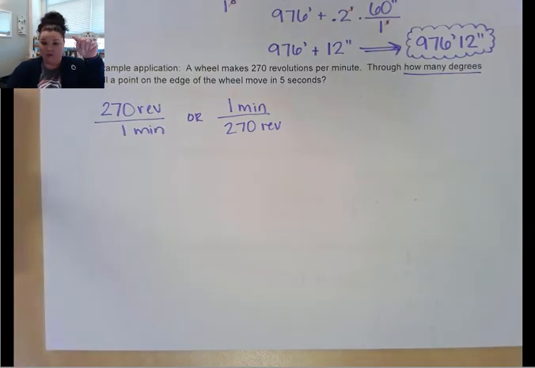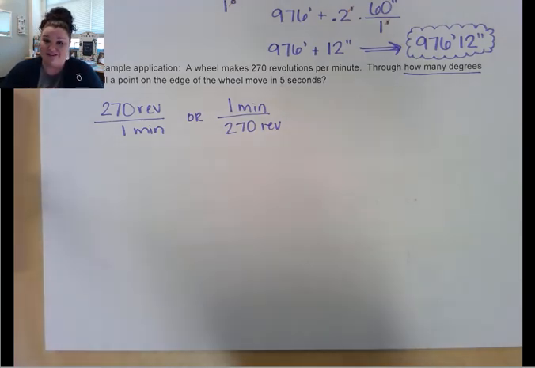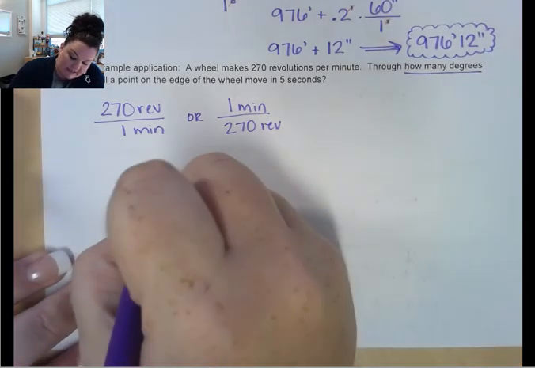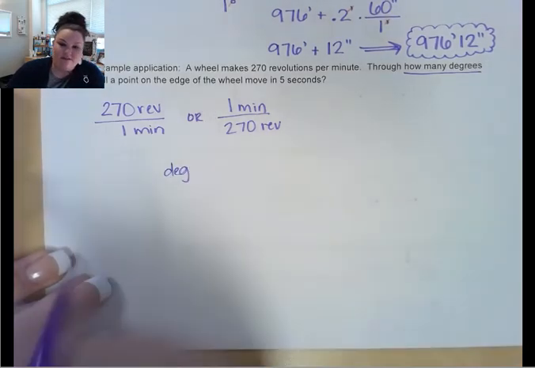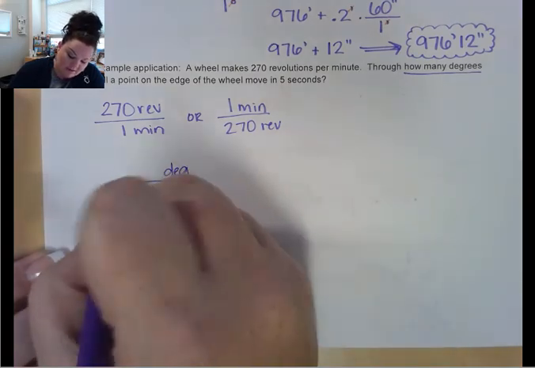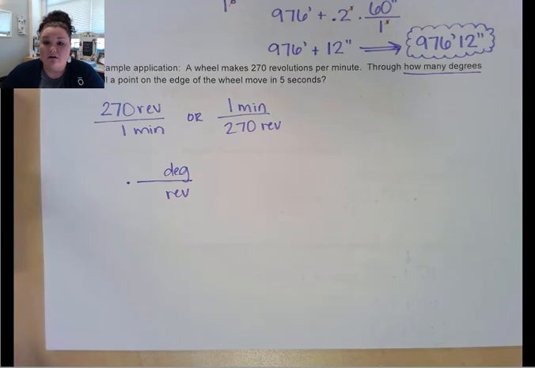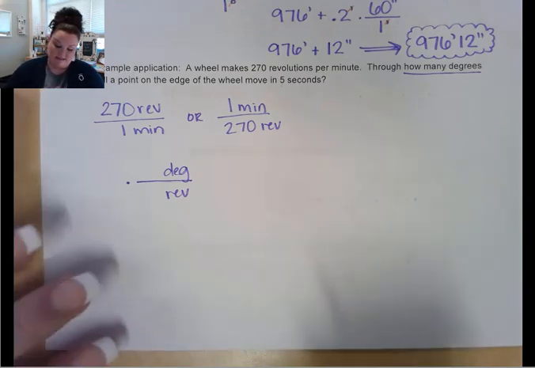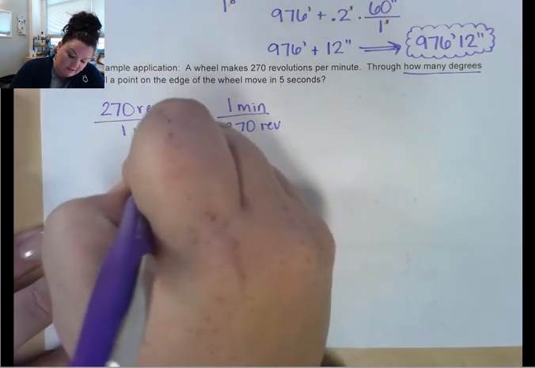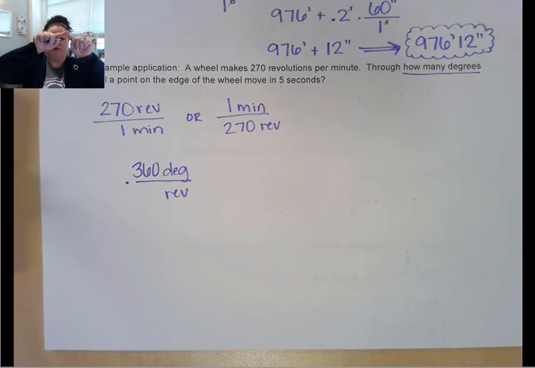Even though a revolution is 1 full turn, I can represent that in degrees, so I want degrees on top. I know that it takes 360 degrees to make one full revolution.